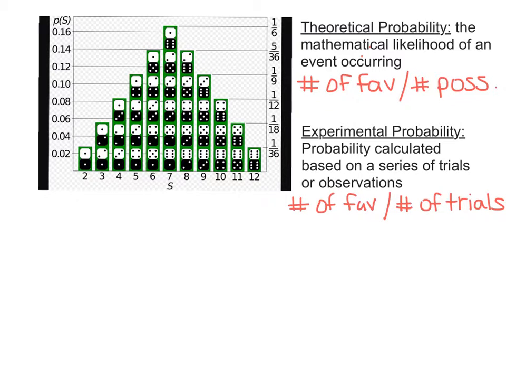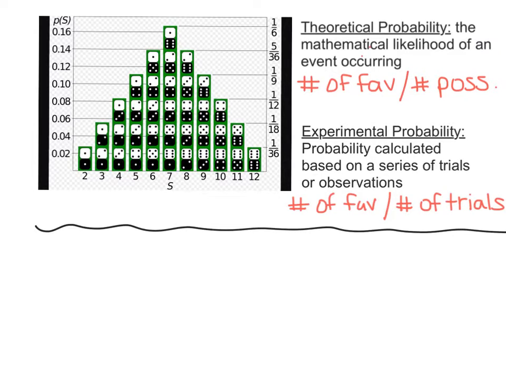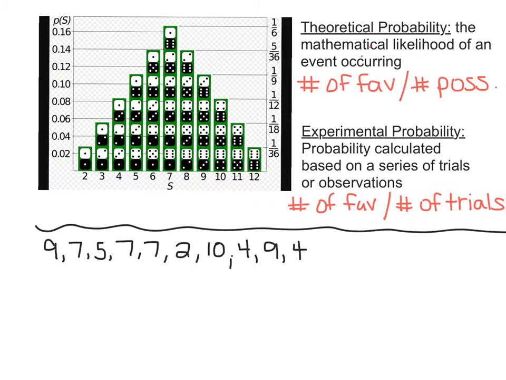Okay, so what that really means in this situation, because like I said, this is all representative of a theoretical probability distribution, is let's say that I actually sat down and rolled 2 dice, let's just do 10 times. That'll just make it easy, right? So let me make up 10 rolls of a dice real quick. Okay, so for the record, I didn't even make these up.